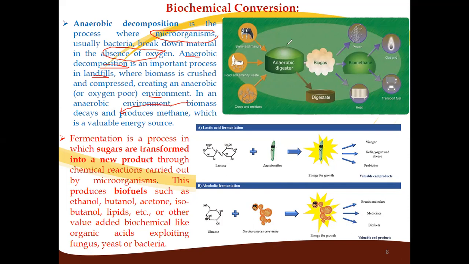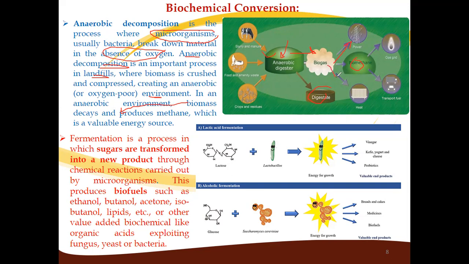So there is the anaerobic digester, where different inputs such as slurry or manure, food or amenity waste, and crops or their residue are passed in. From this we get methane gas, called biogas, and digestate. From this biogas we produce biomethane, and we can also convert biogas into power, that is electricity.